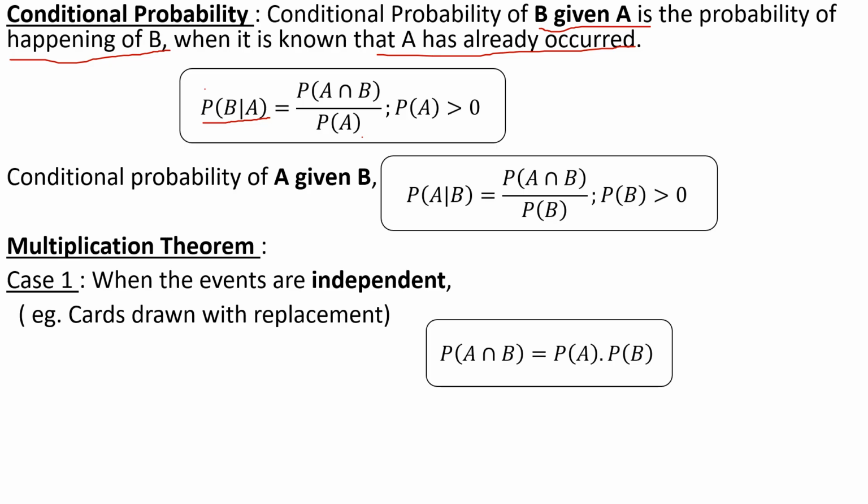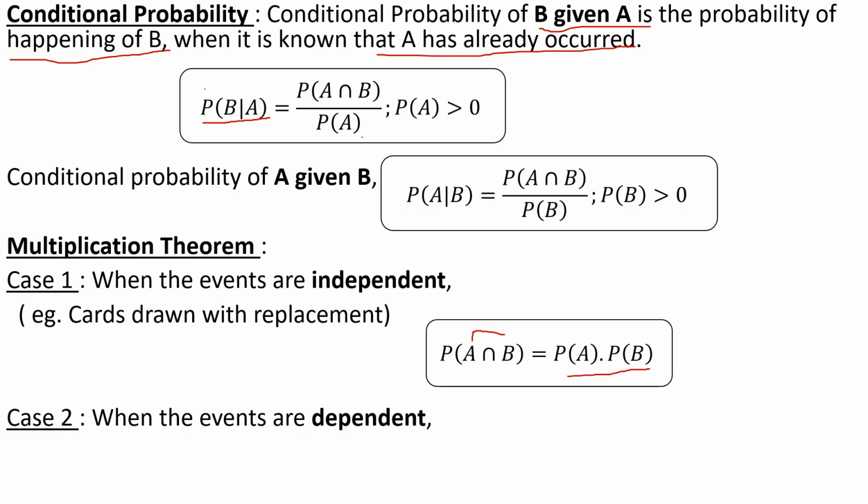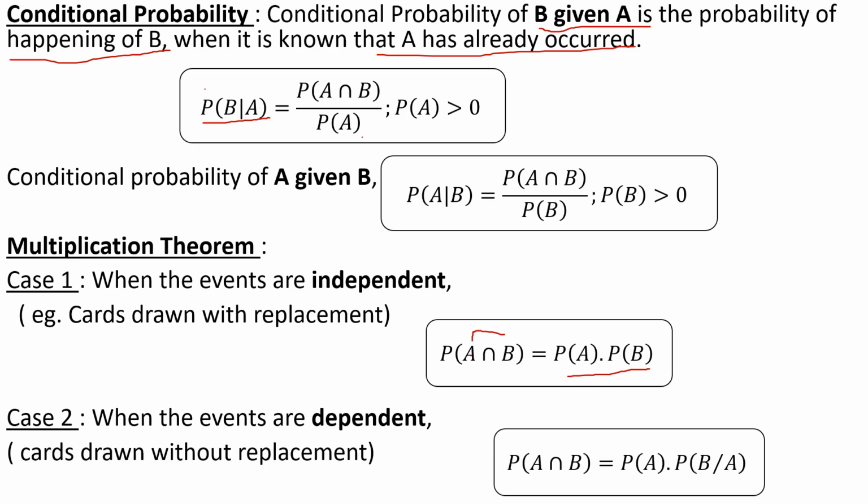The probability that both events A and B will happen is given by probability of A into probability of B. When the events are dependent, like when after picking a card you do not replace it and then pick the second card, the cards are drawn without replacement. Here probability of A intersection B will be equal to probability of A into conditional probability of B given A.